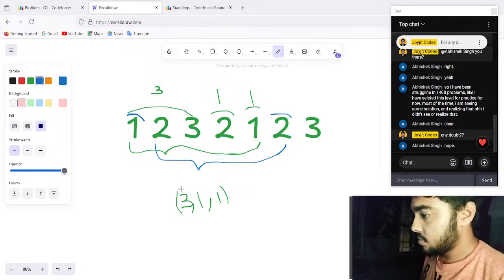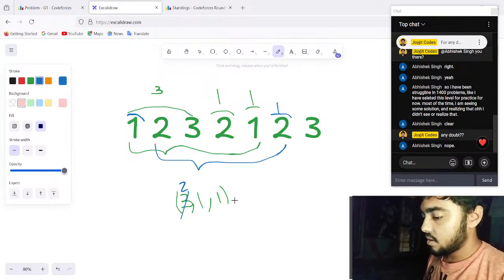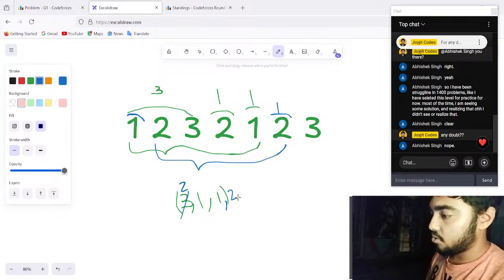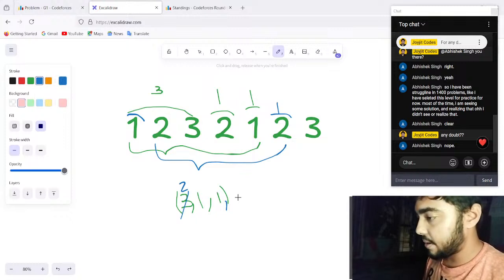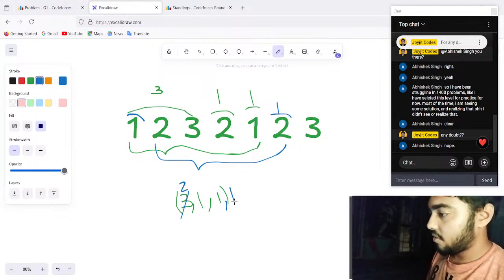So this gets reduced by 1, so it becomes 2 comma 1 comma 1, and over here we may think that we have to append a 1, right? But that is a very bad approach.